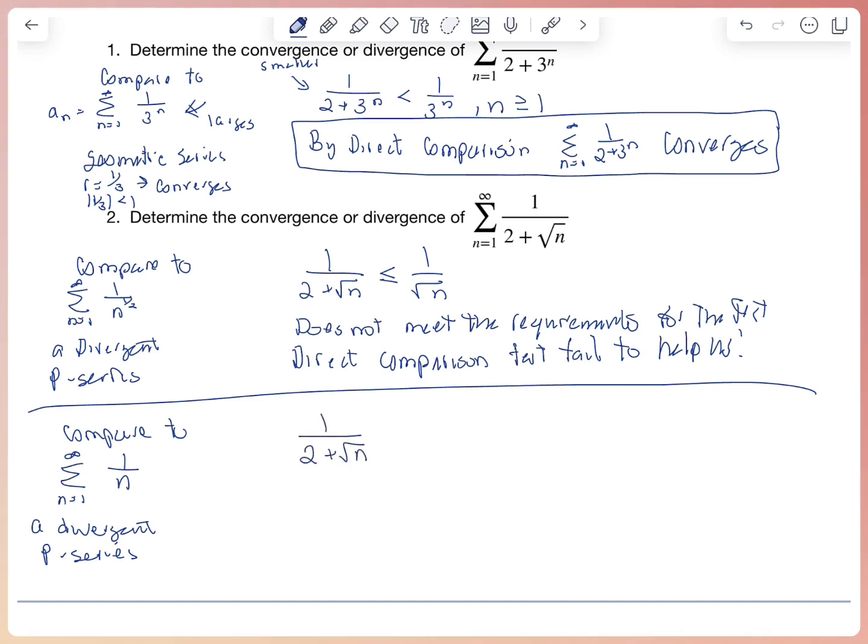And so if I compare our two fractions here, notice that 1 over 2 plus the square root of n is larger than 1 over n. Now this is a little hard to see, so let's work out a few terms, because you might not see it right off the bat.